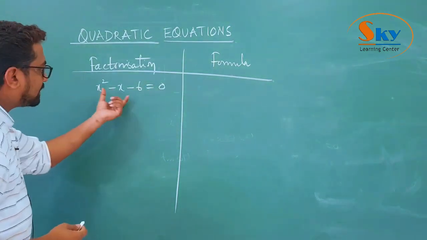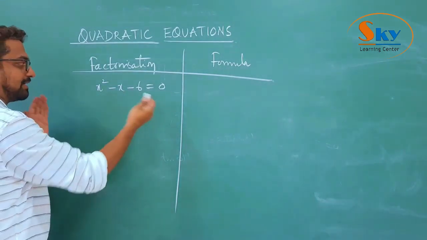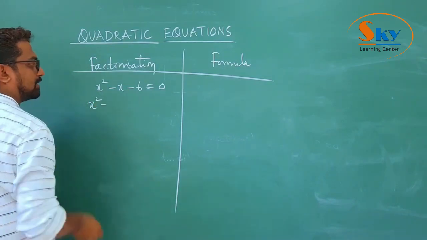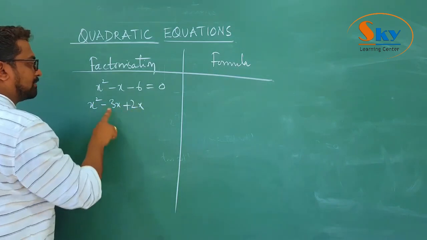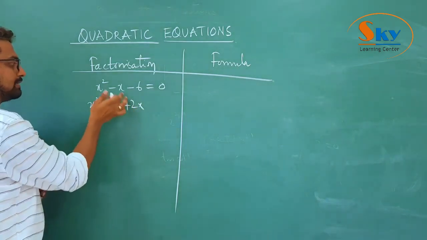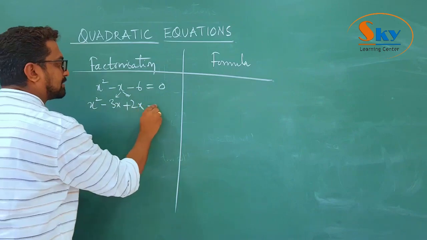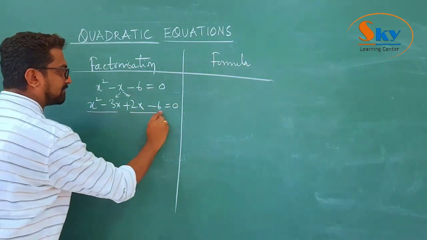This is a quadratic trinomial, hence I can split the middle term and factorize. I can take it as x square minus 3x plus 2x, because minus 3x plus 2x is nothing but minus x. So I am splitting the middle term now. Minus 6 equals 0.